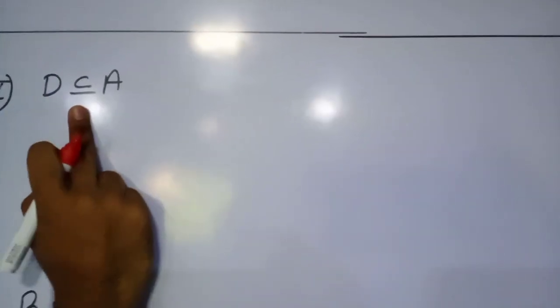Let's move ahead. D is a subset of A. Again we have to check.